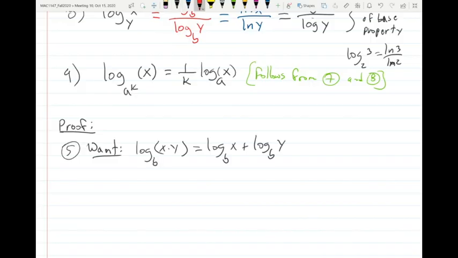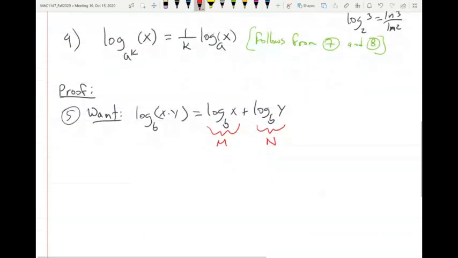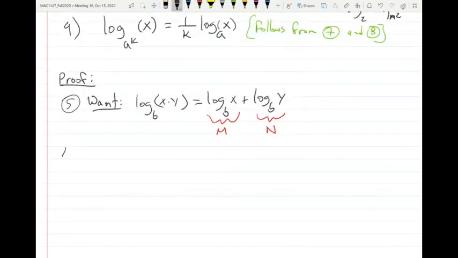So here is what we're gonna do. I'm going to give names to these. Log base b of x, I'm gonna call it m, and log base b of y, I'm gonna call it n. So let m be equal to log base b of x, and n equal to log base b of y.